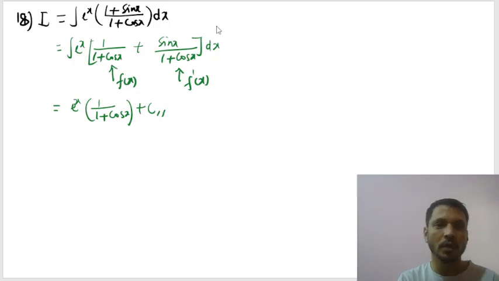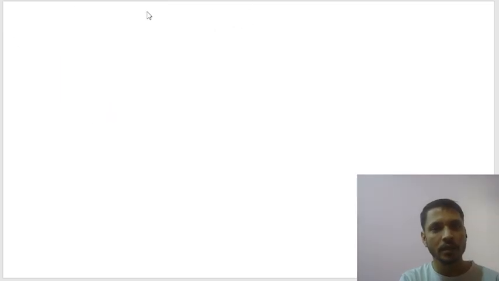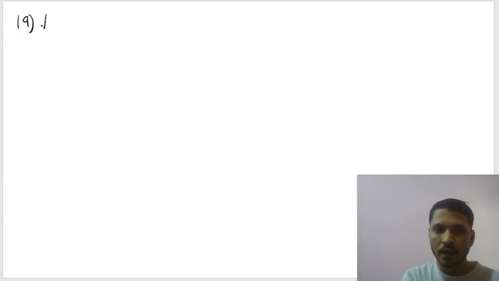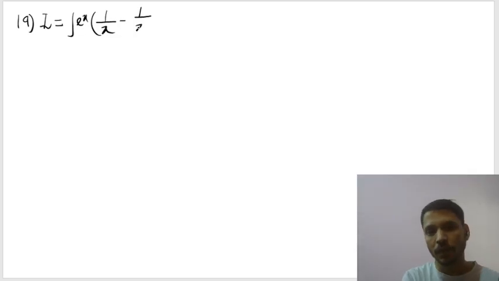Now we are going to move on to question number 19. Let I be equal to the integration of e to the power x times (1 by x minus 1 by x square) dx. Here also we can write our answer directly.